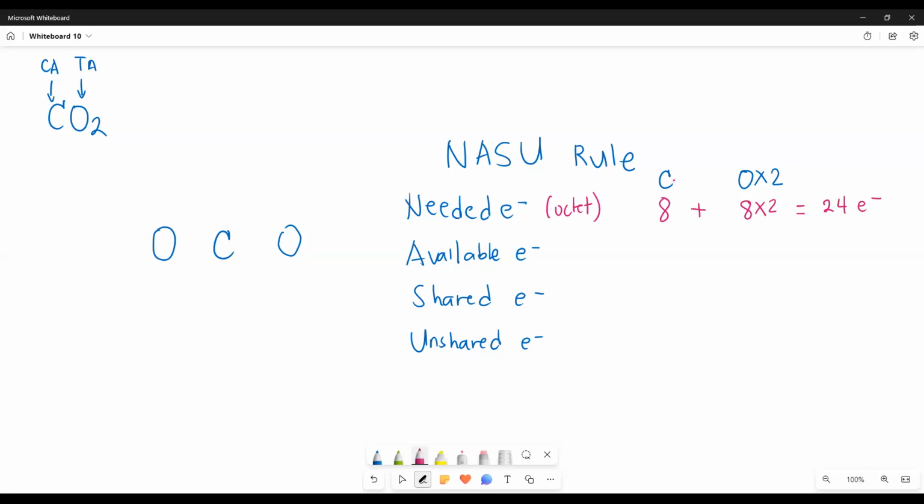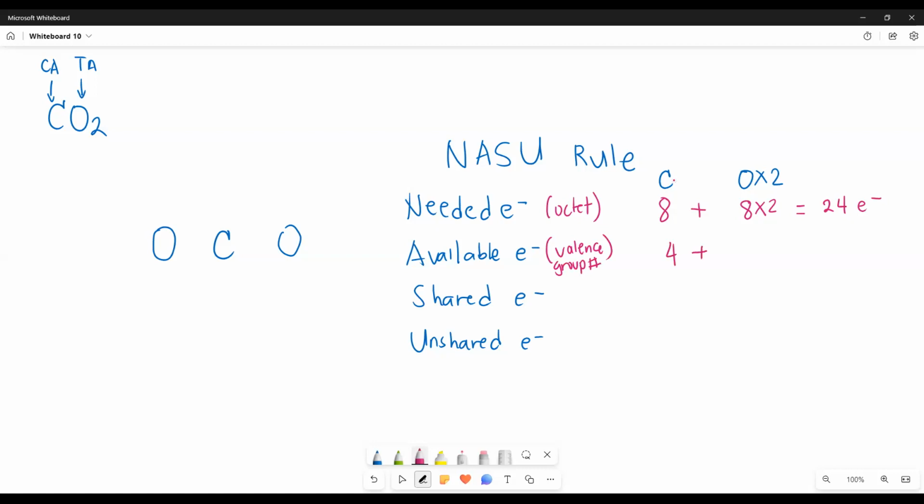Now, let's talk about the available electrons. The available electrons here are just your valence electrons or the group number. Okay? So which group number does carbon belong to? Carbon belongs in group number 4.